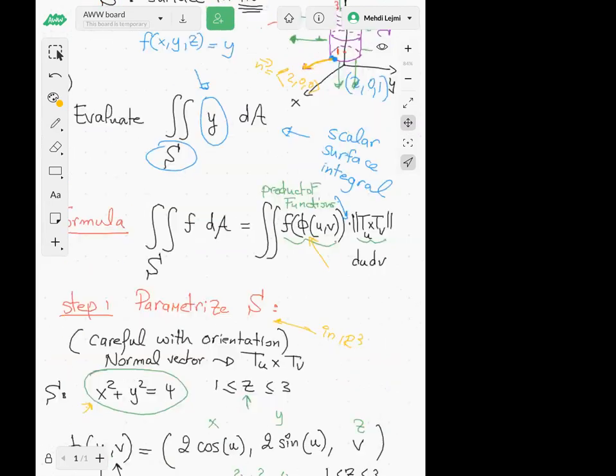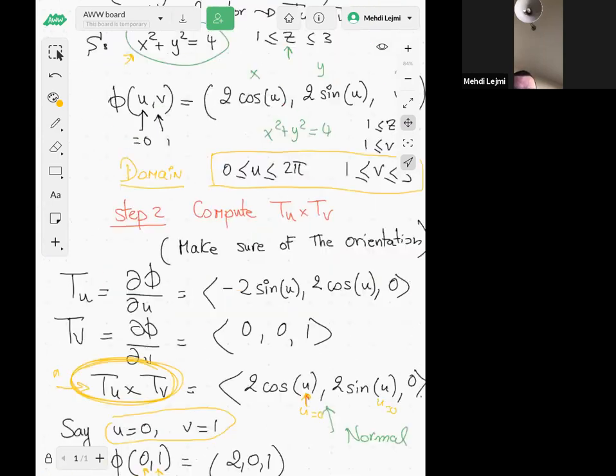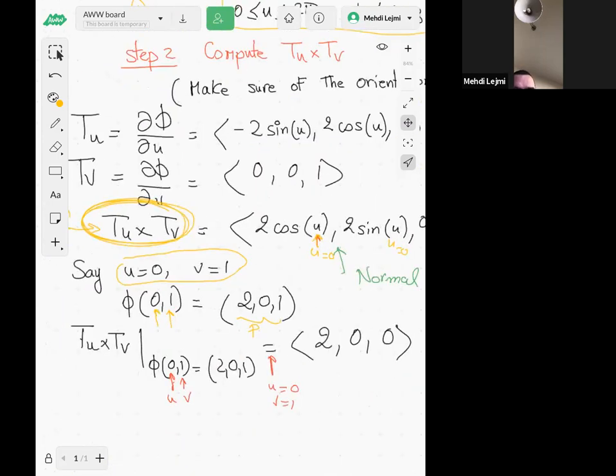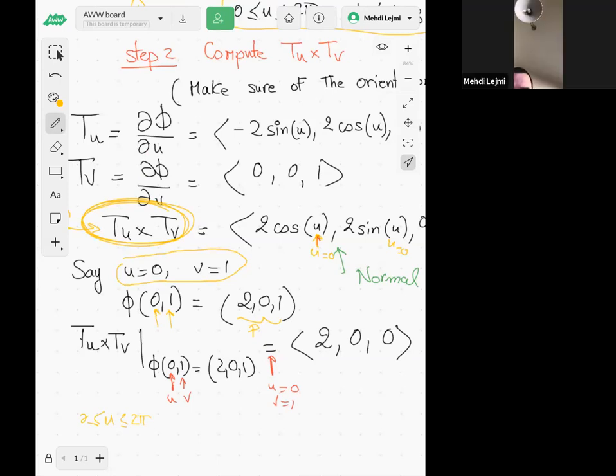So why would we replace u by 0? Yes, because I picked the point. I replaced u by 0 and v by 1 in the normal vector.